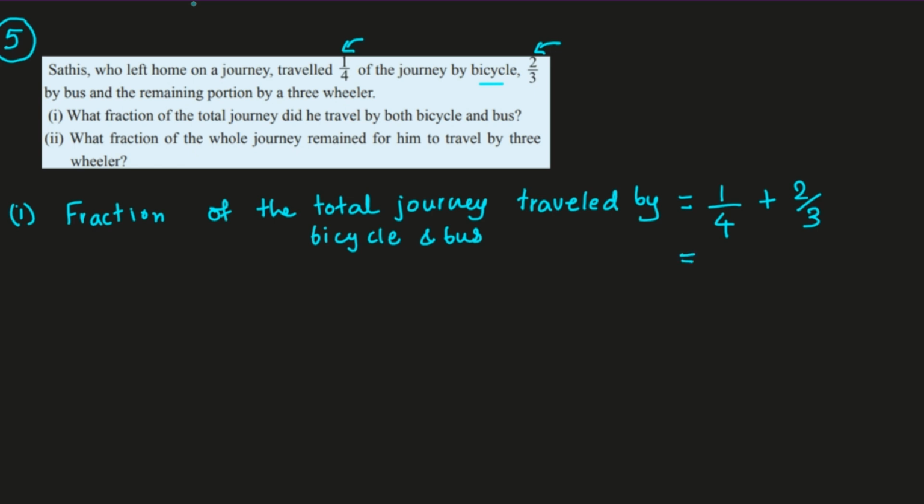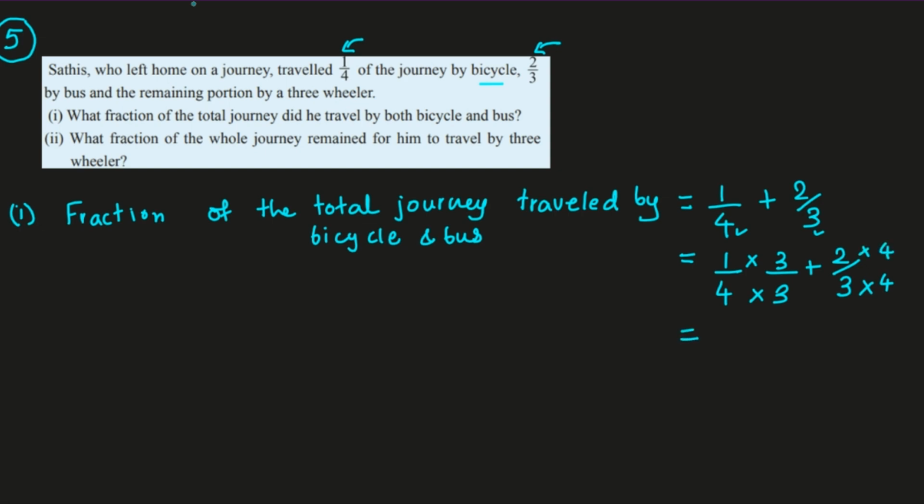So let's find the answer. Here the denominators are not equal, so we need to find the LCM. If you find the LCM, it will be 12. In order to convert 4 into 12 in the first fraction, you need to multiply both the numerator and the denominator by 3. Then, in order to convert 3 into 12, you have to multiply both the numerator and the denominator by 4.